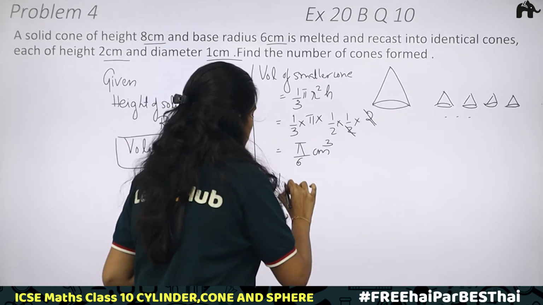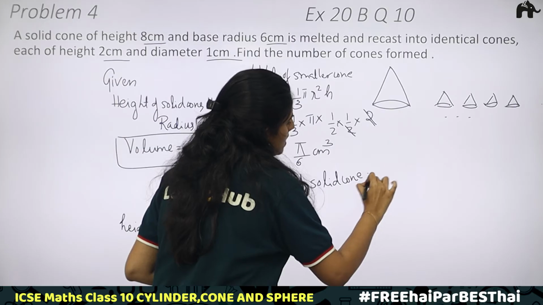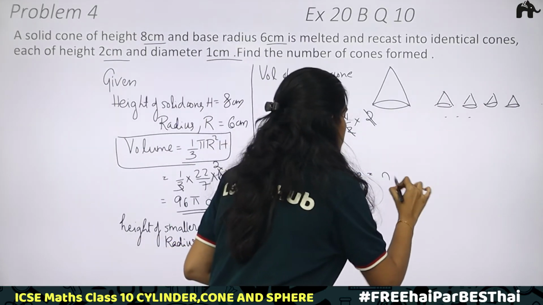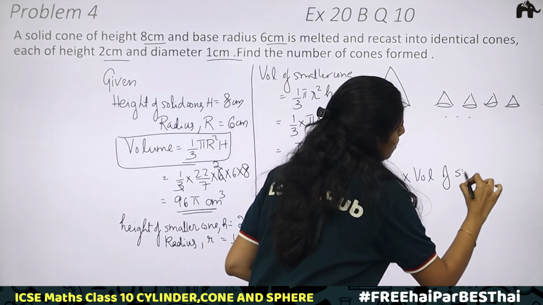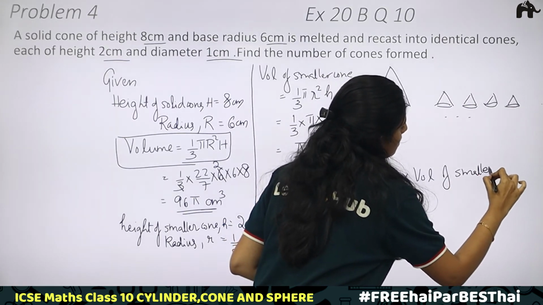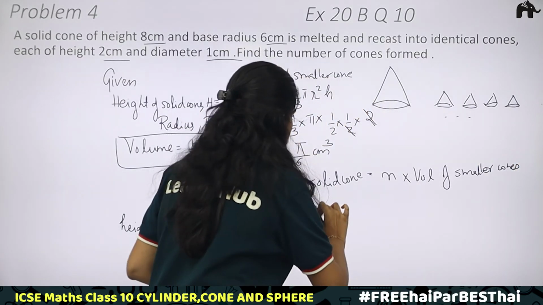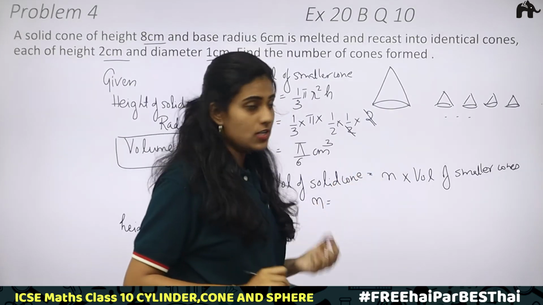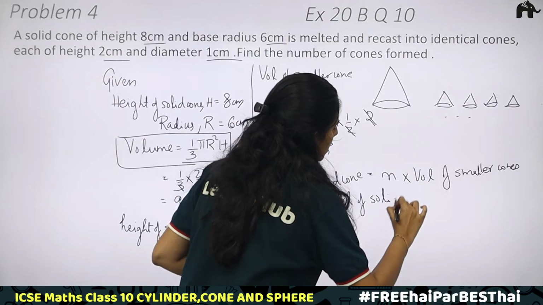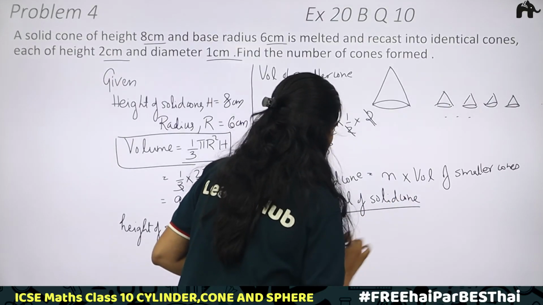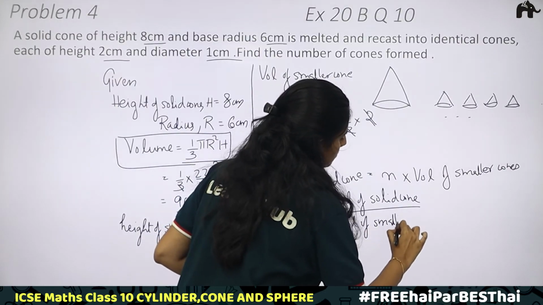We have volume of solid cone equal to number of cones into volume of smaller cones. Then what is n? N, the number of cones, will be equal to volume of solid cone divided by volume of smaller cone.